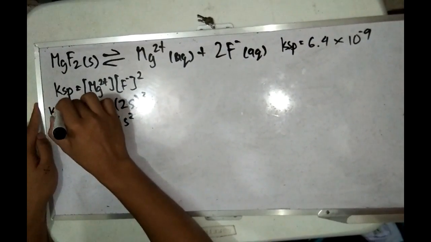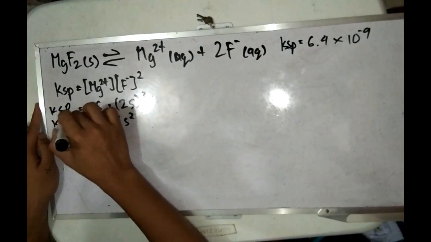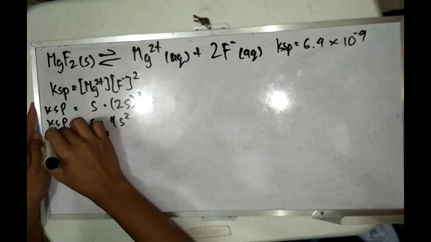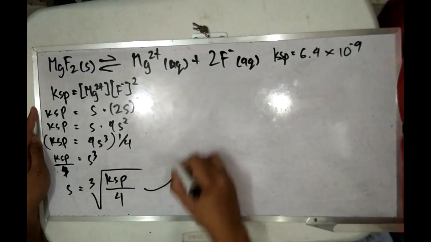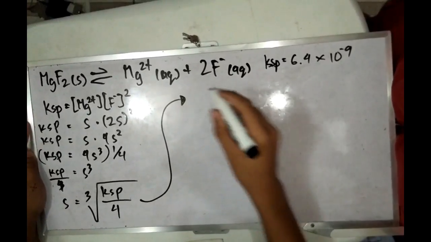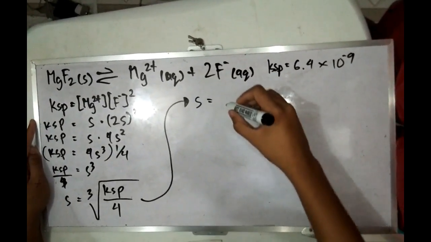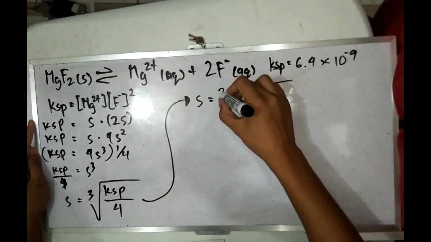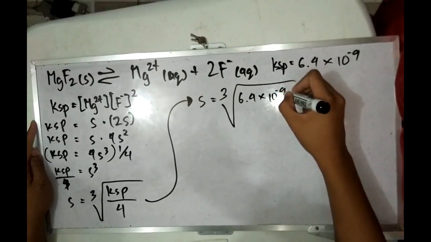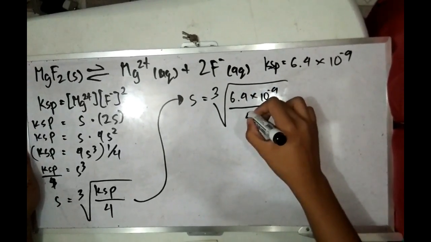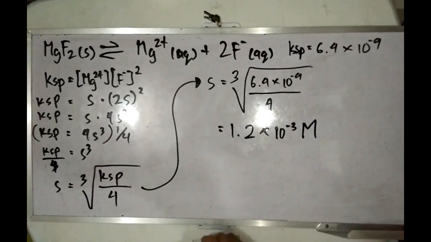To solve for S, we would isolate S and we would end up with S equal to the cube root of KSP over 4. And S would be equal to 1.2 times 10 raised to negative 3 M.